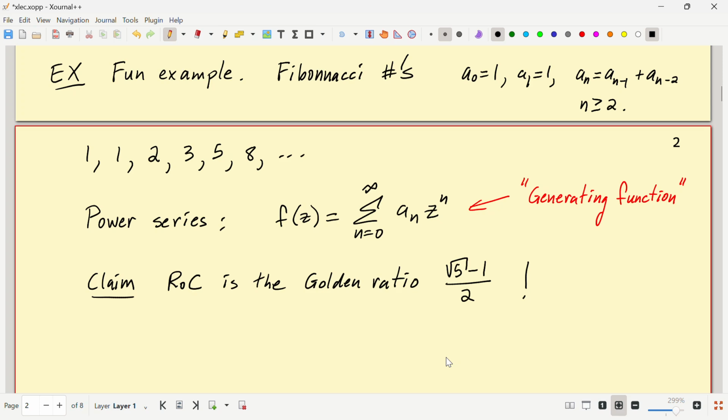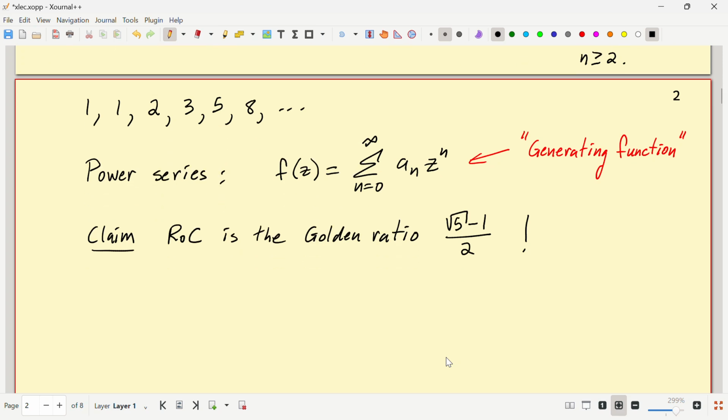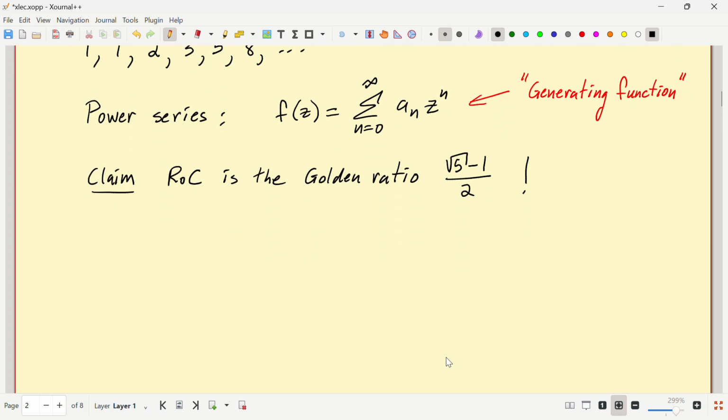Okay, I want to go back to this Fibonacci problem. It's kind of fun. So, we don't know that this power series converges at all.